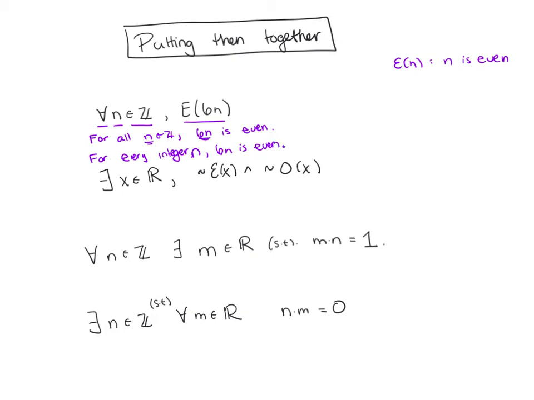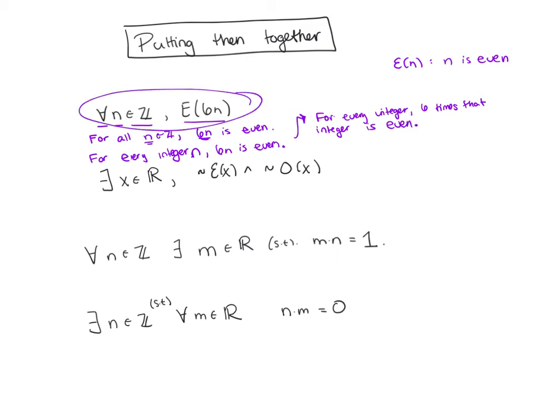Or if I wanted to be less symbol-y, I could say for every integer, not name it, and just say 6 times that integer. So this is more wordy but less symbol-y, is even. That's what this statement means.